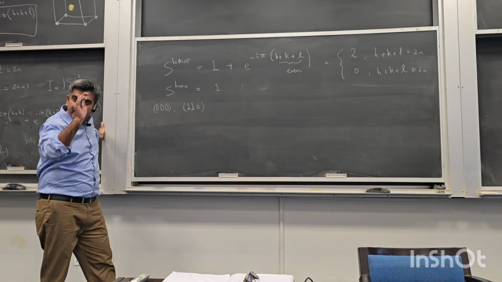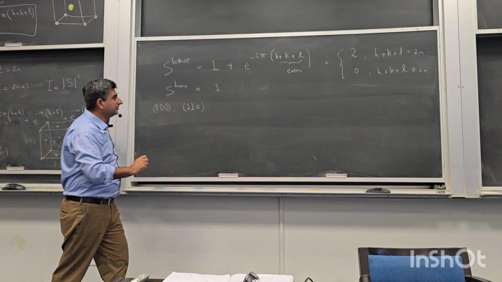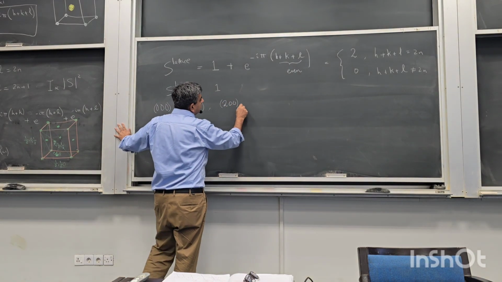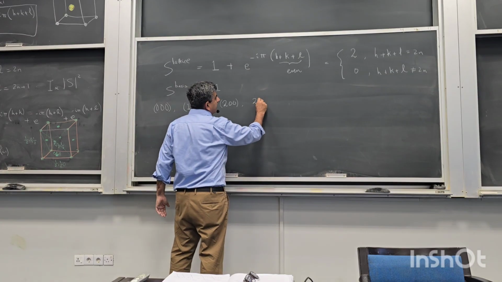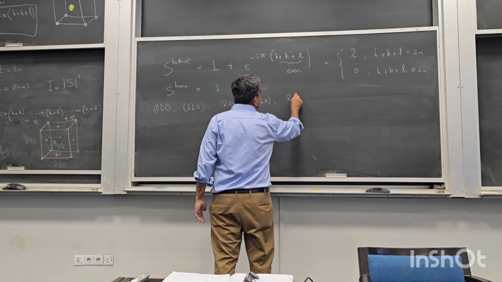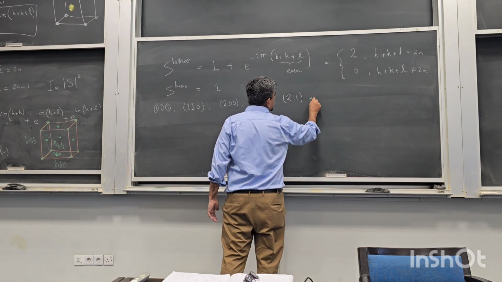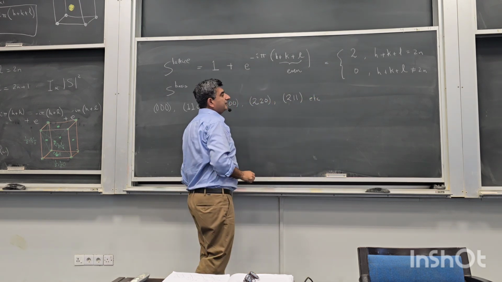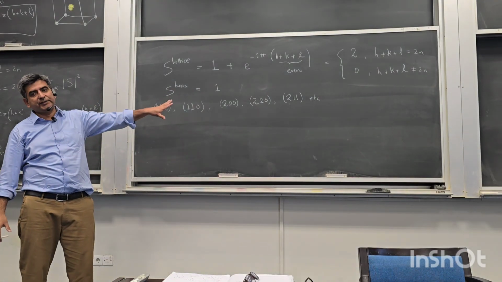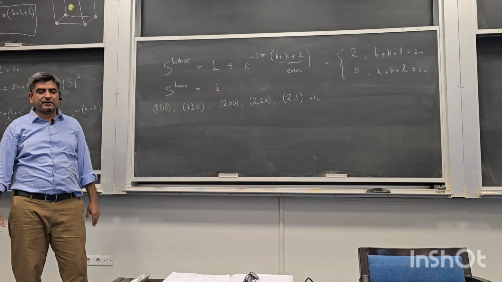That will be systematically absent from the diffraction pattern. 2 0 0, 2 2 0, 2 1 1 will exist, etc. And of course, the entire family of equivalent planes will cast reflections.